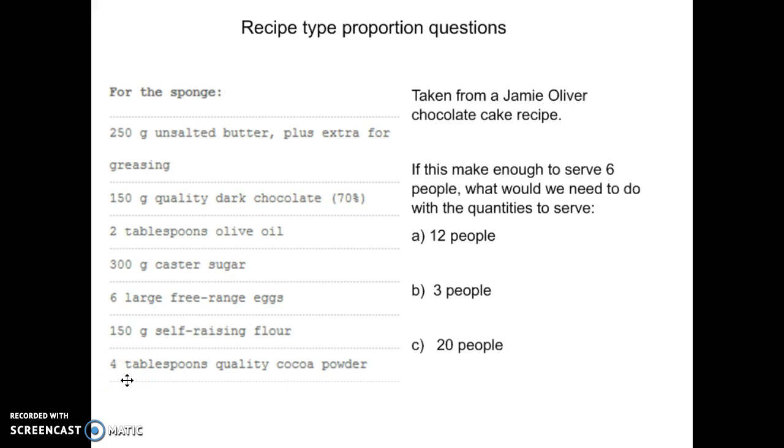The one that might need a bit more thinking about is the one for 20, because 6 doesn't go into 20. So I want to look at how we would go about working out what to do to get from 6 to 20.